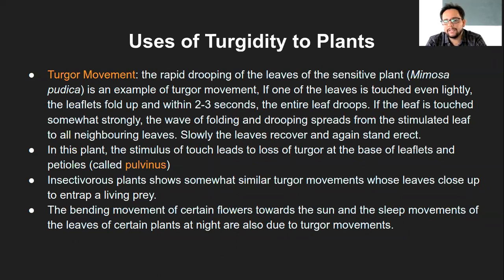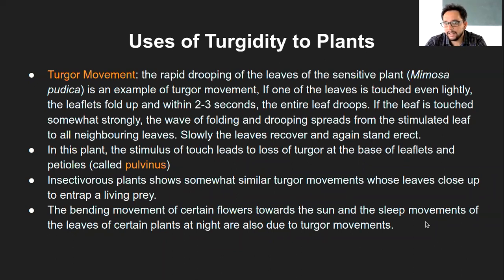But as and when the sun starts coming up, transpiration happens, water loss happens, then the turgidity is lost. So it faces that particular direction so that it can maintain the transpiration rate.